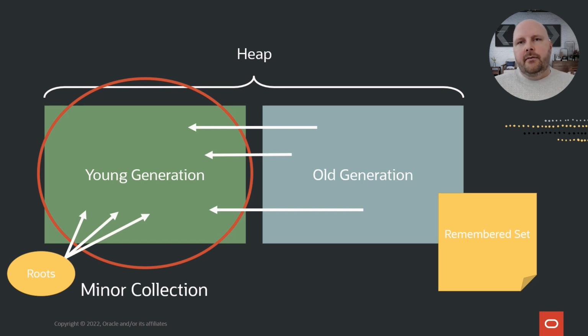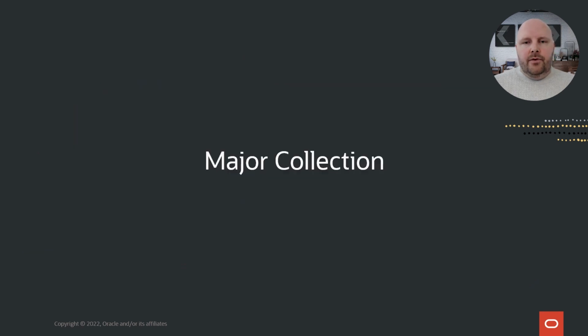So only traversing through the roots is not enough. We also need to traverse through the remembered sets to get a full picture of what's live and what's garbage in the young generation. So that was minor collections.